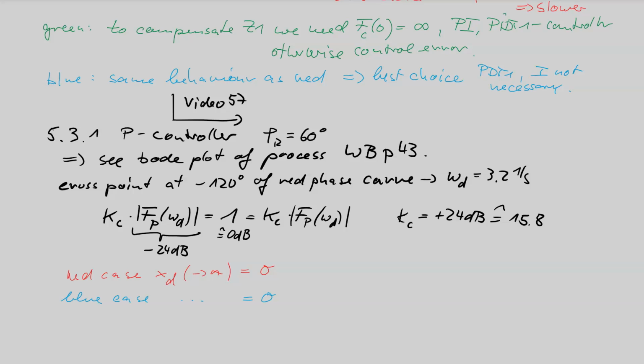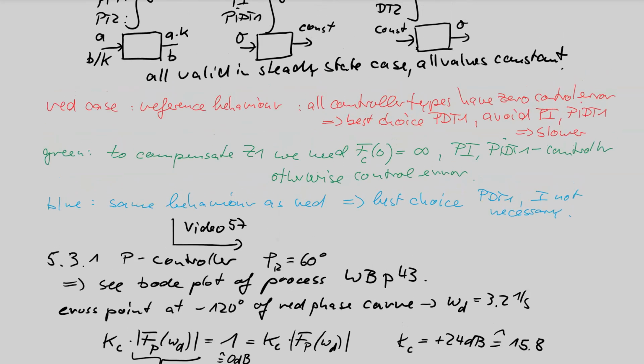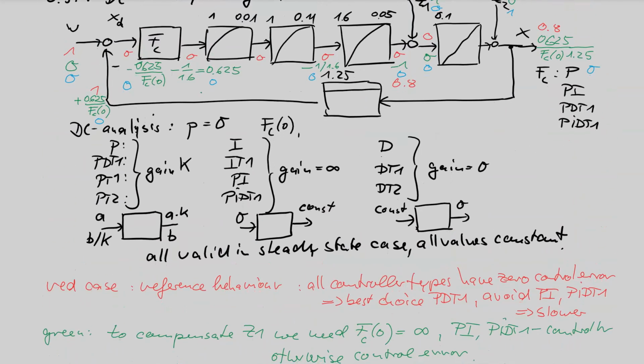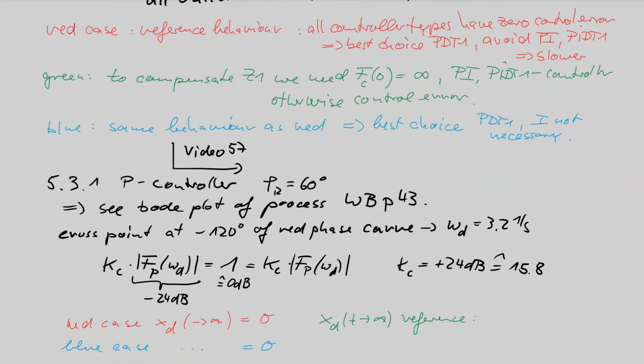So let's calculate the control error for the green case in this application. xd(t) goes to infinity in reference case is how large? Green case. Our controller gain is calculated to nearly 16, so this control difference is negative 0.625.